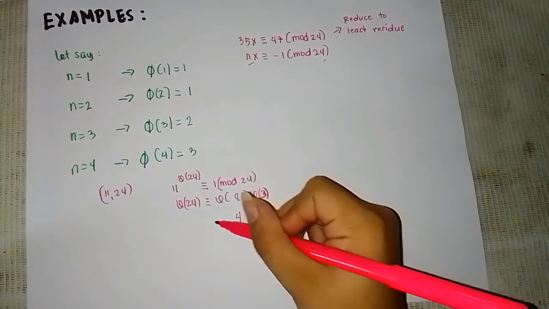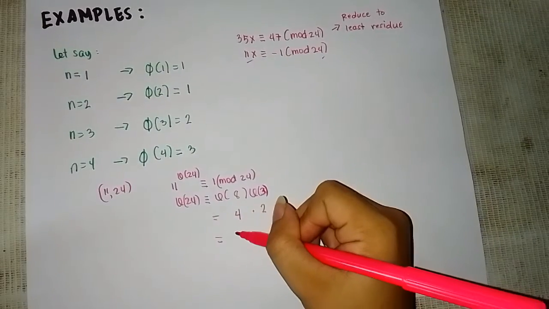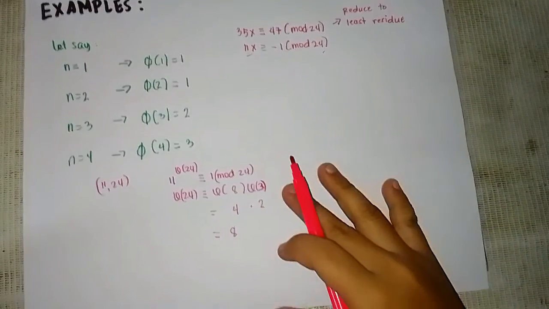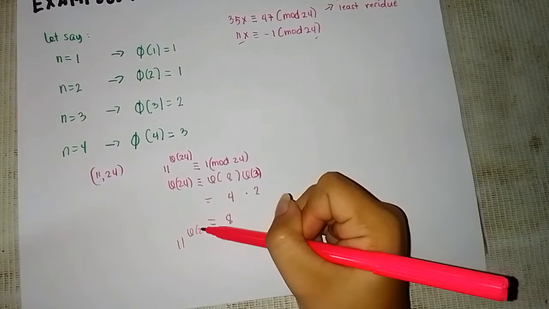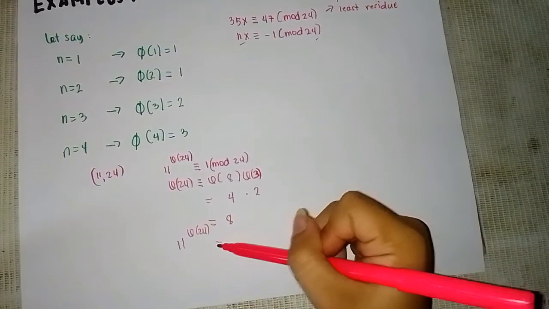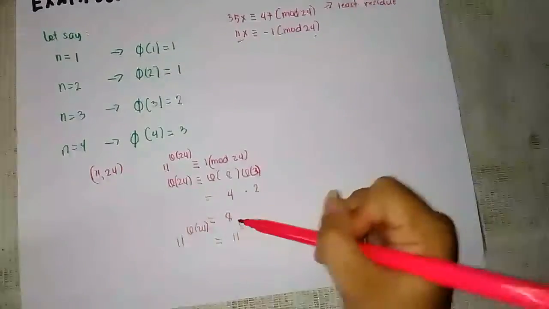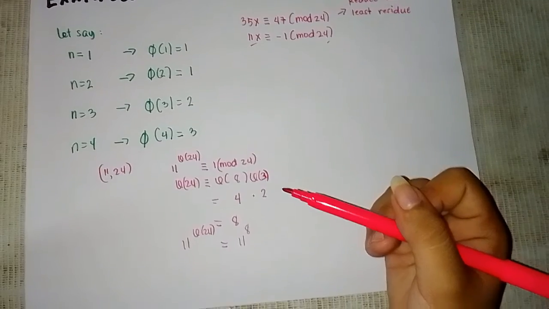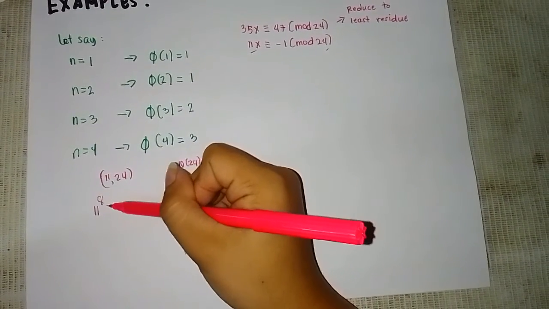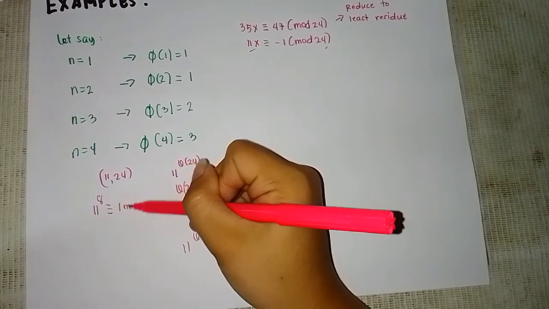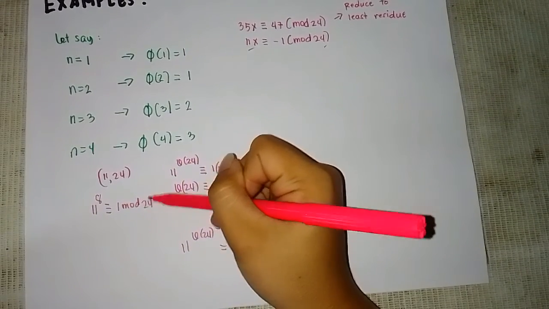We have 4 times 2, which is 8. Therefore, phi of 24 is 8, so we have 11 to the power of 8, and 11 to the power of 8 is equivalent to 1 mod 24.